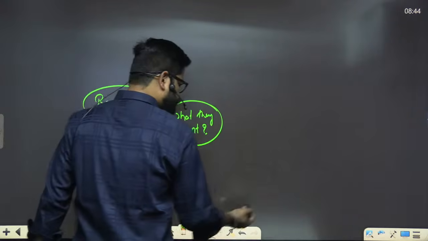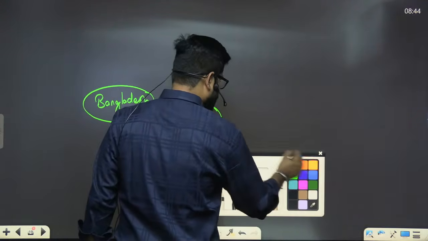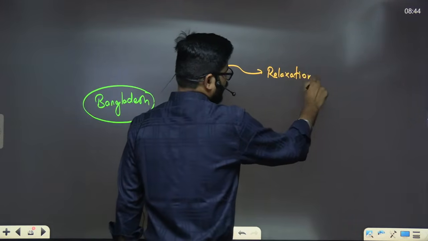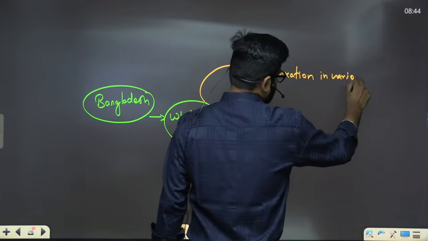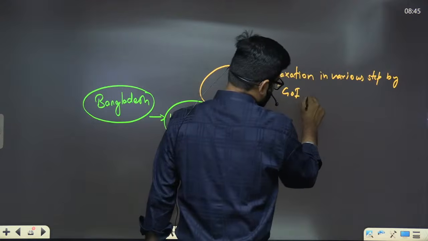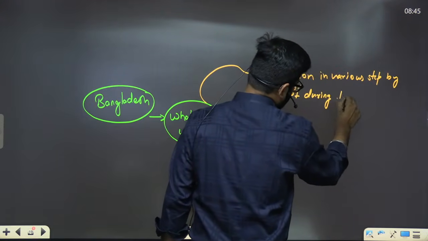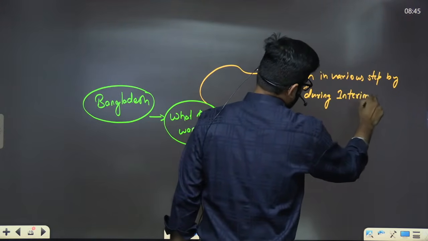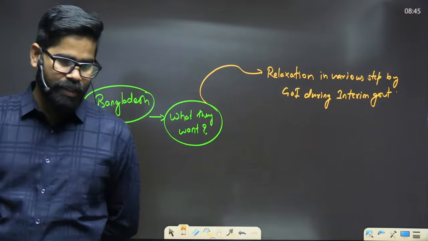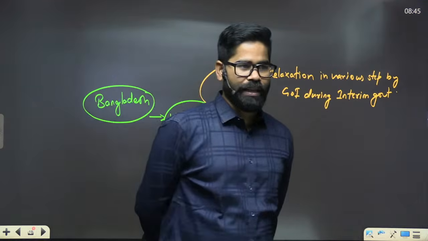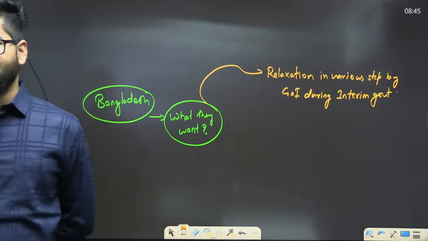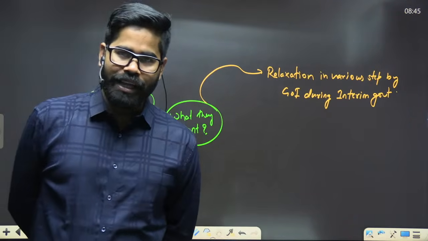The first demand is relaxation in various steps taken by the government of India during the interim government. You may have seen that during this interim government, they were saying so many things against India, so India also started to react.